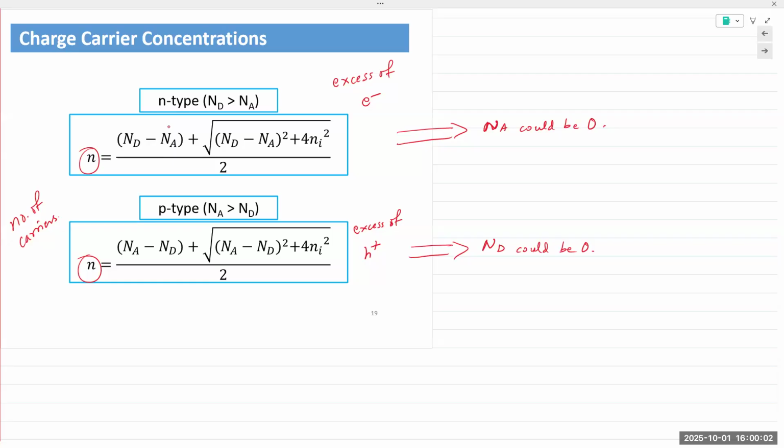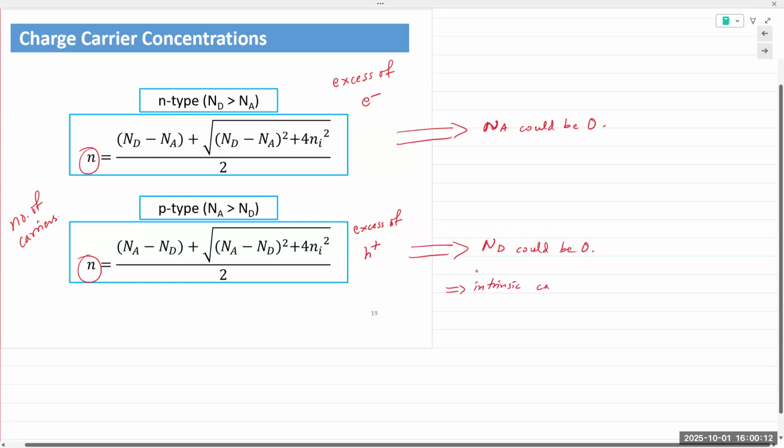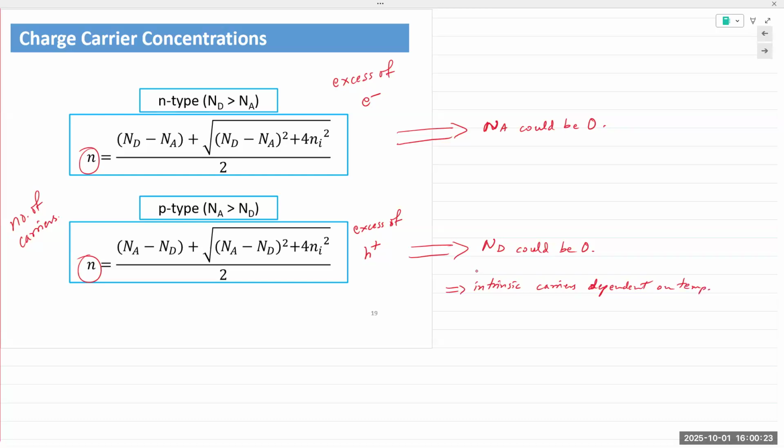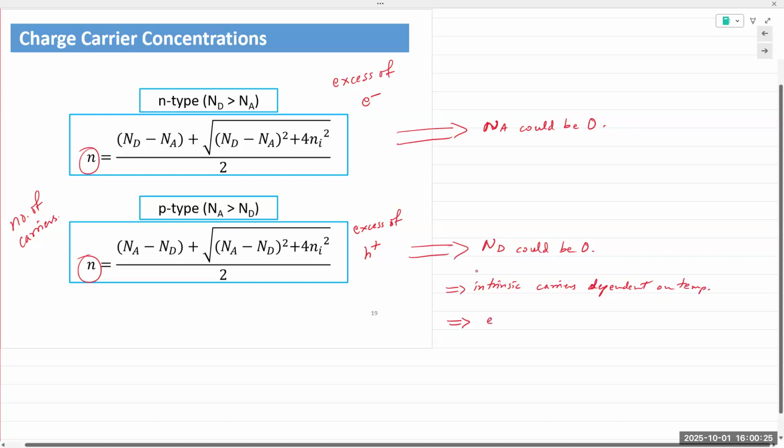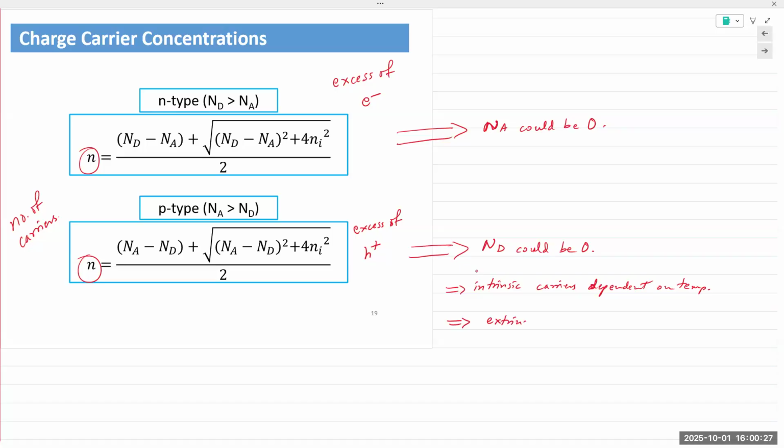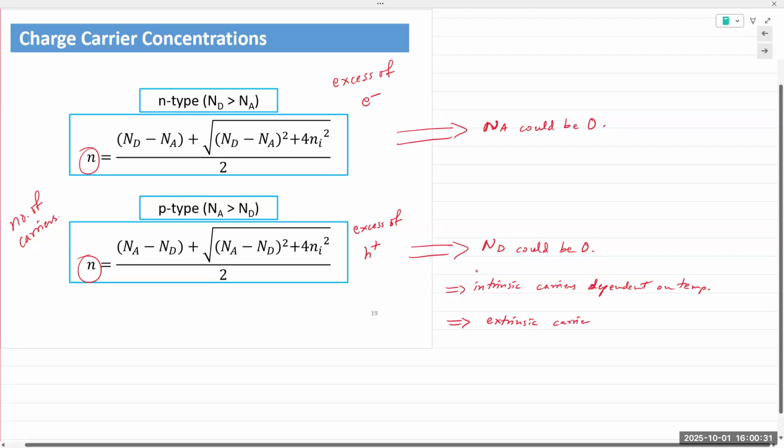Two final points. You're almost at the end. Intrinsic charge carriers are dependent on temperature. Extrinsic are independent; they depend on doping.